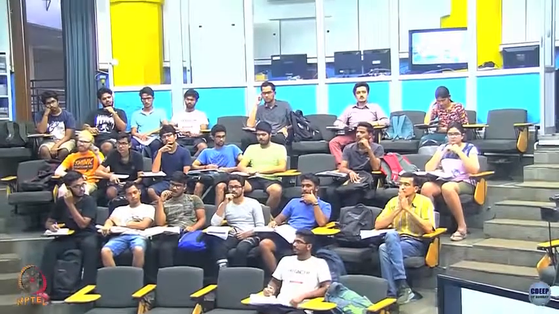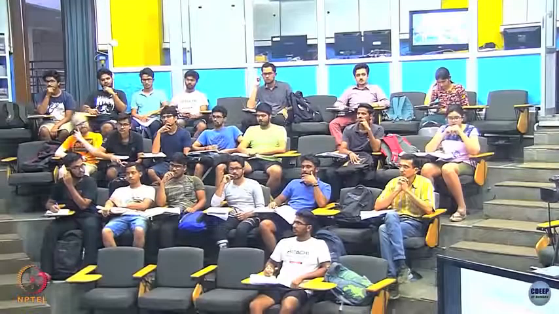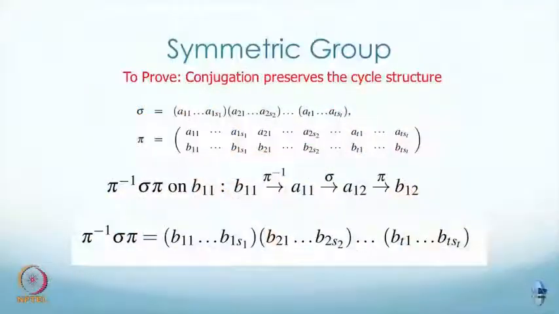I have just shown that if you take a specific element of so many objects and do this conjugation operation, you can take any element, you could have taken B21 or B1S1, I do not care. If you do the pi inverse sigma pi, the series of operations will take B11 to B12.